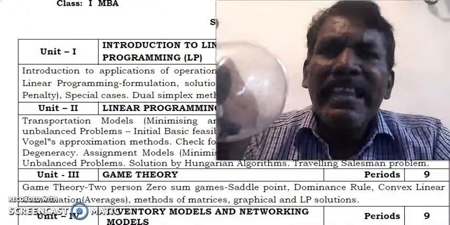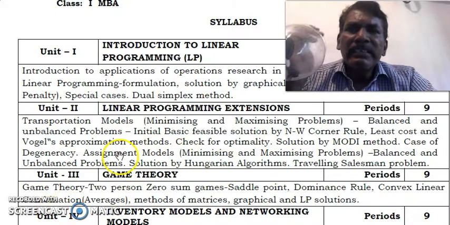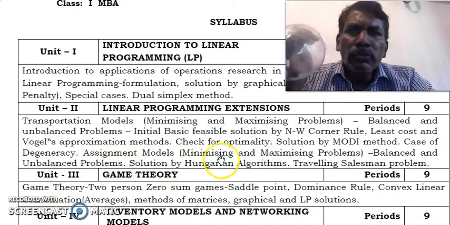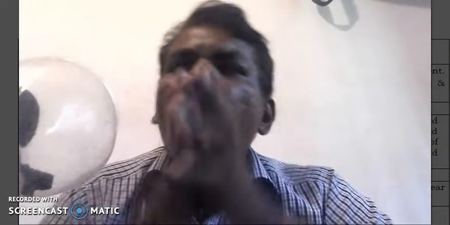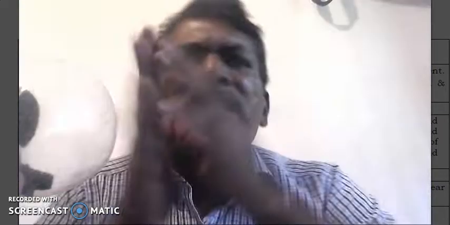In the same unit, unit number 2, now look at that, we talk about the assignment model also. Okay, so the assignment model. So why do we say that the assignment model is an extension of the first model, LPP? Because the assignment problem also can be put in an algebraic way, we can write it in a linear equational form.